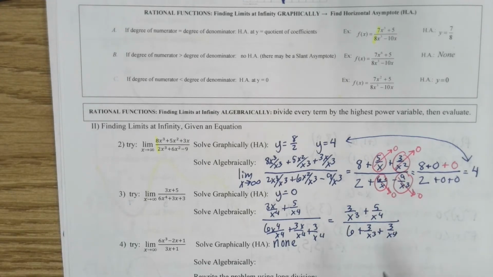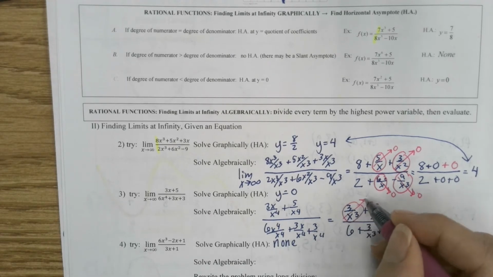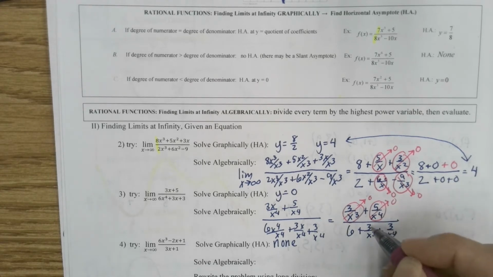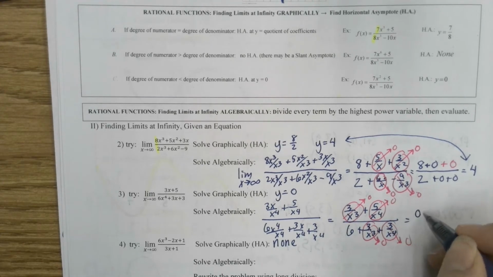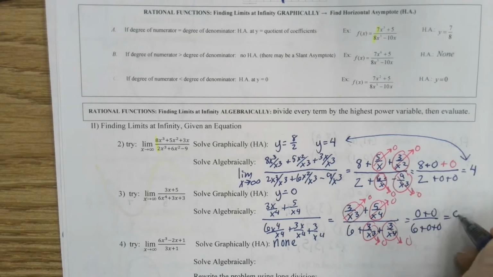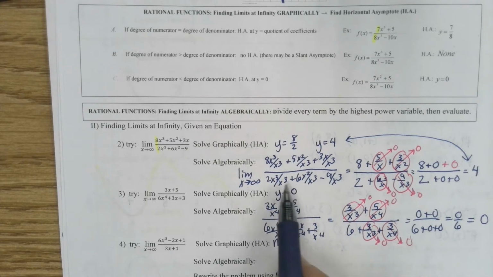And as you substitute infinity in, anything that has a variable on the bottom is going to approach 0, and a constant on top is going to approach 0. So all 4 of these are approaching 0. So what am I left with? 0 plus 0 over 6 plus 0 plus 0, which is 0. And that matches the horizontal asymptote that we detected.